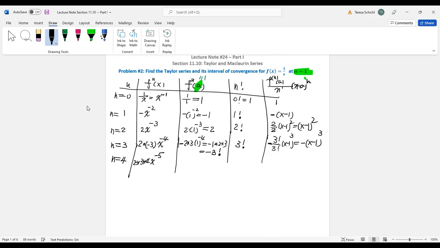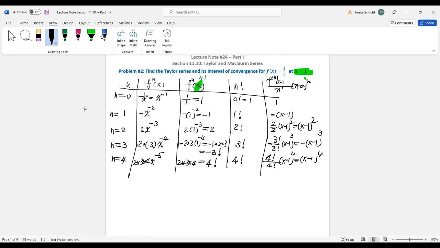Then you put the 1 in here, so this will be 2 times 3 times 4, which is 4 factorial. And n factorial here is also 4 factorial. So here I have 4 factorial divided by 4 factorial, times x minus 1 to the 4th, which will give me x minus 1 to the 4th.